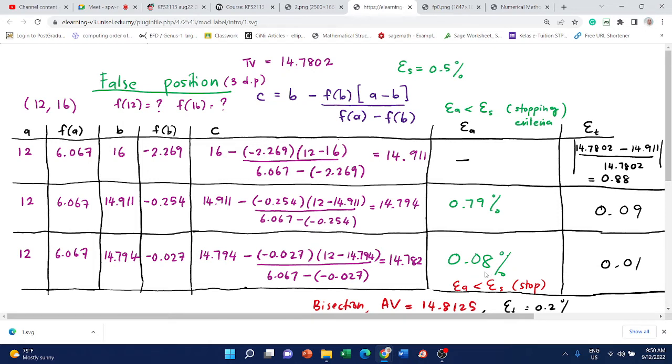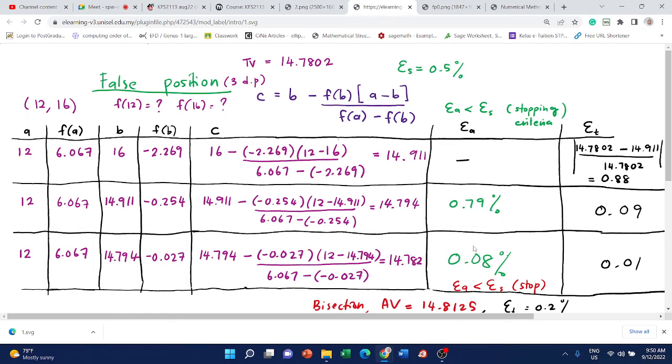So on the third row, we have this interval 12 to 14.794. How do we choose the interval? You just need to sort from smallest to largest. And then compute the new value of C, using the same formula that we referred to. Then you get 14.782.